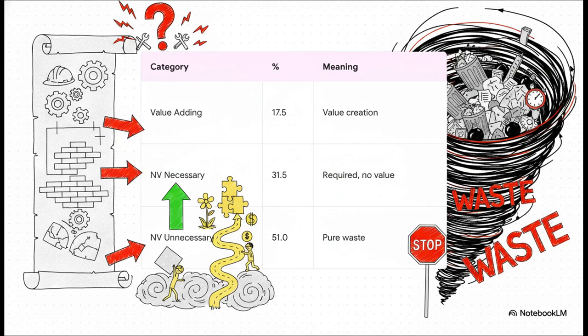These take up 31.5%. These are things you have to do because of the way the system currently works, even though they don't add real value. But here is the kicker. Non-value-adding unnecessary activities. A massive 51% of activities in traditional procurement are classified as pure, unadulterated waste. That means over half of your effort is yielding literally zero value.